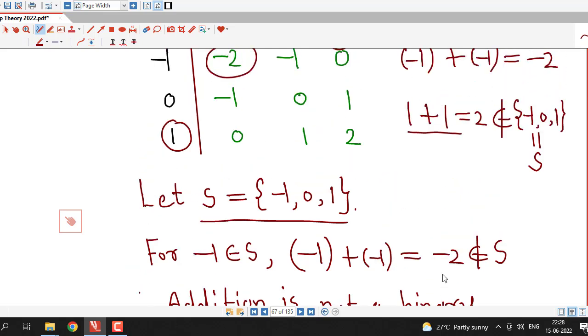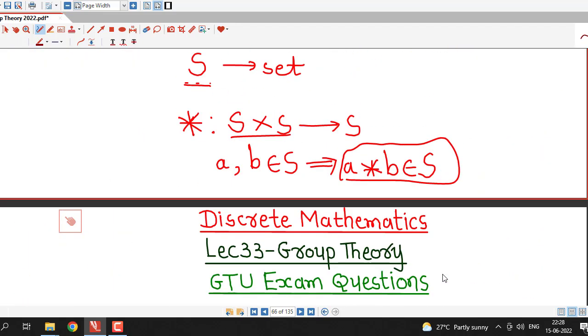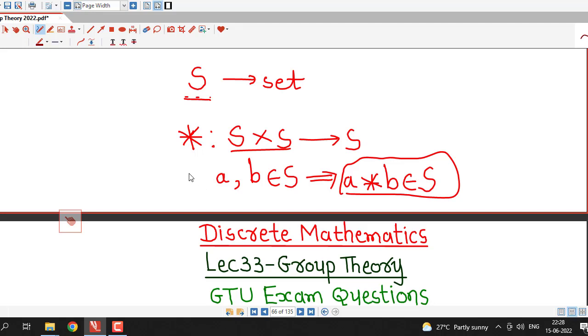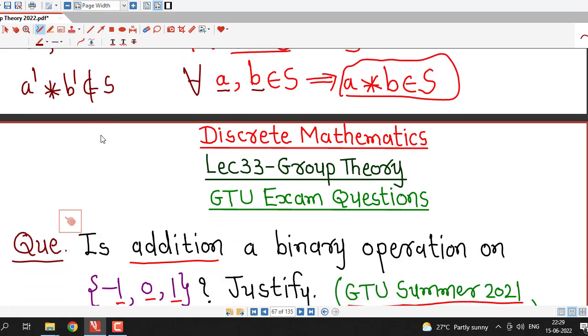If we want to prove that a given operation is a binary operation, then we have to show that for all possible pairs A, B in S, A star B must be in S. So star is not a binary operation if we can find two possible elements A dash and B dash in the given set such that A dash star B dash is not in S, then we can say that star is not a binary operation.